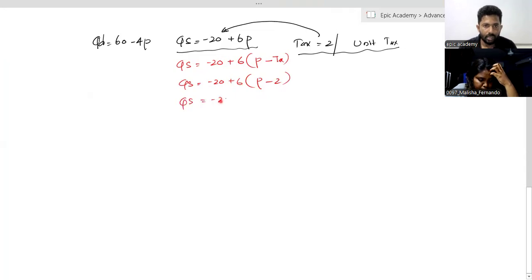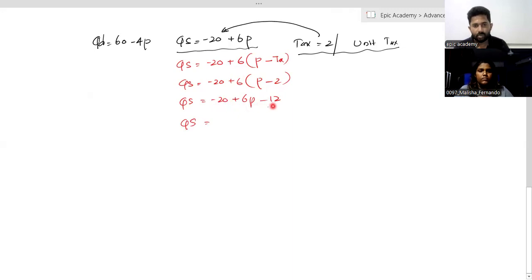So now I'm going to multiply out by 6 to change the equation. 6P minus 2 multiplied by 6 is minus 12. So QS equals minus 20 minus 12, which is minus 32 plus 6P.